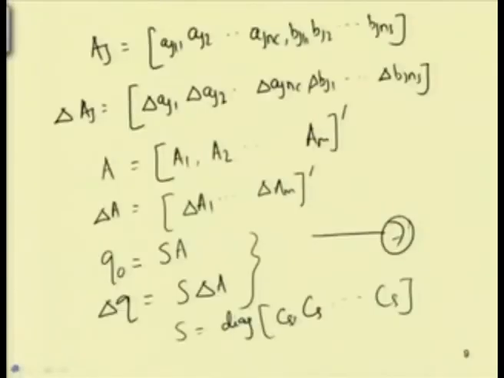Substituting equation 7 in equation 4 and applying the Galerkin method over a cycle, we will have this equation, that is k m c bar delta A equal to r bar m c into delta w. So, this is the increment in the amplitude and this is the increment in the frequency.